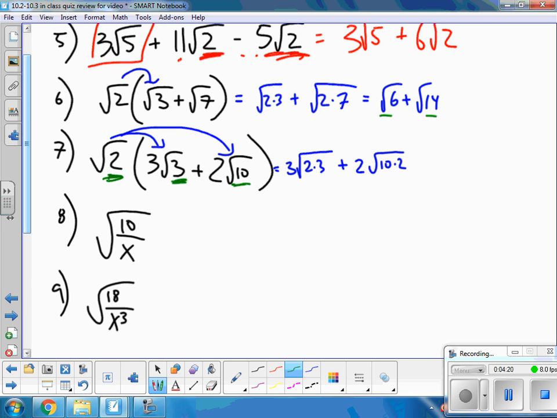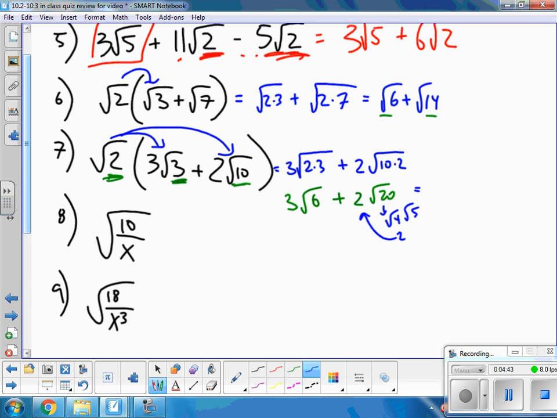Okay, let me simplify this out. So this is 3 times the square root of 6 plus 2 times the square root of 20. Ooh, but that square root of 20 can be factored. The square root of 20 can be factored into the square root of 4 times the square root of 5. And the square root of 4 is 2. So I'm going to multiply that out too.